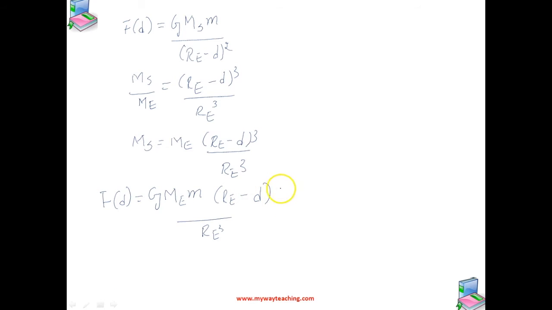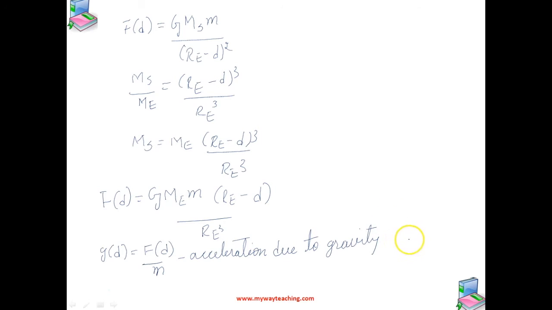And hence the acceleration due to gravity at a depth d is given by F of d by m. So, this is the acceleration due to gravity at a depth d.